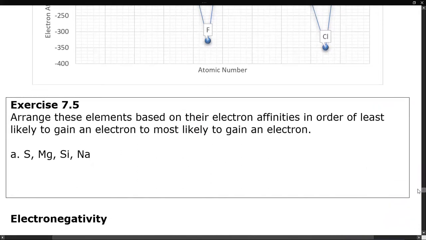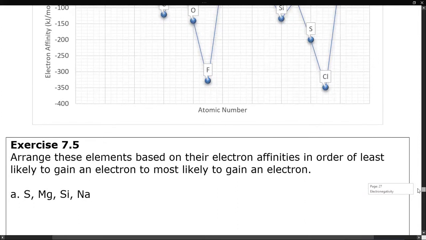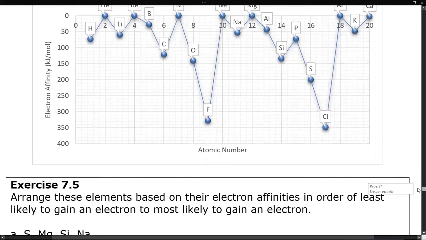So if we compare that to the chart, we've got sulfur, magnesium, silicon, and sodium. If we look at that, you've got sulfur there, silicon there, magnesium up here at the very tip top, and then sulfur, silicon, magnesium, and then sodium is slightly more negative.